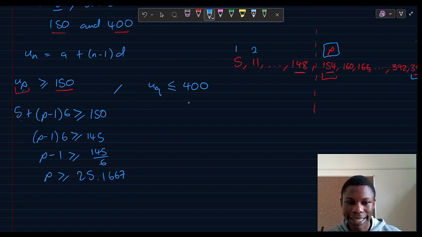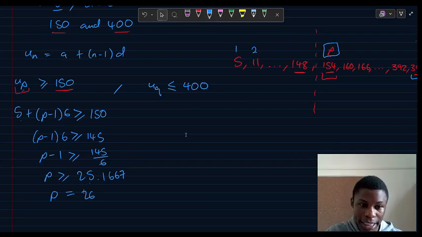So we want the integer value of the first term that's greater than 150. The first term that's greater than 150 is going to be in position 26, because that's the first integer that's greater than 25.1667. So P has to be 26.